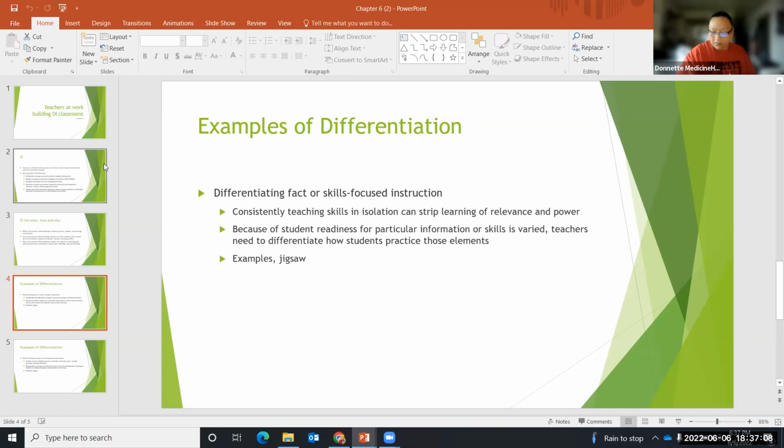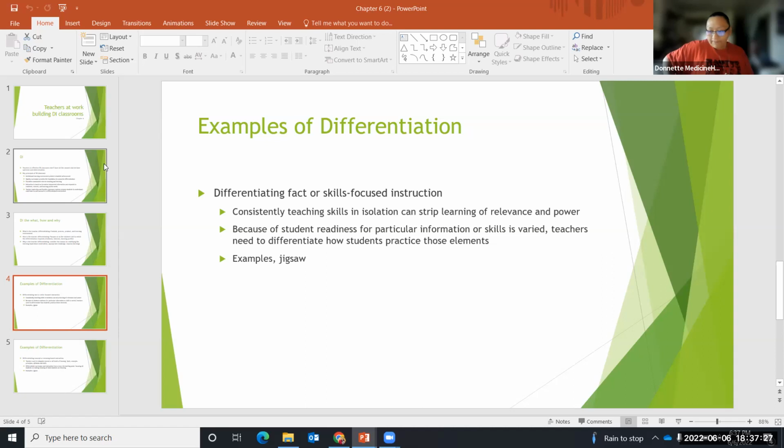In math now, a lot of teachers will use word problems, right? And so a word problem has a real connection to multiplication, addition, all kinds of stuff, not just those things, if that kind of makes sense.